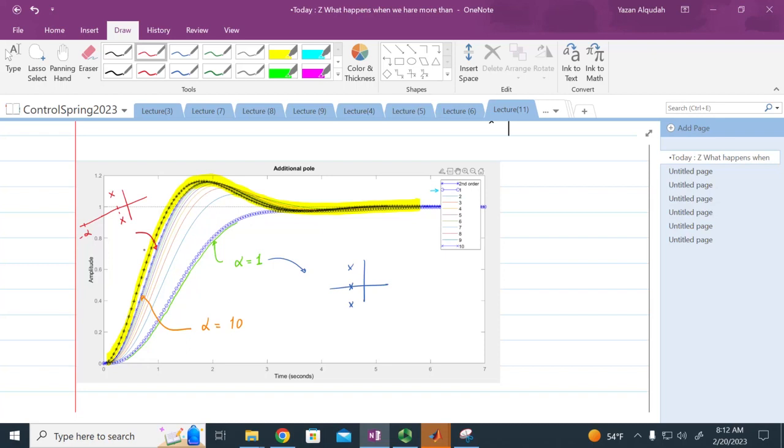So therefore, we can make some observations.